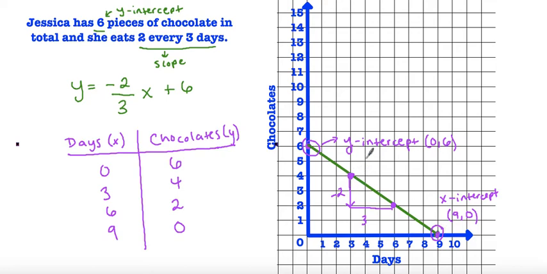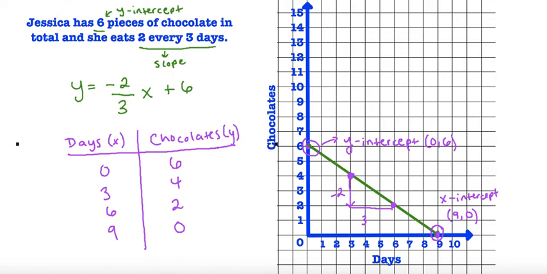So we have our y-intercept that intersects the y-axis, and our x-intercept that intersects our x-axis, and both of them mean 2 different things. So here our y-intercept represents that she started off with 6 chocolates. So at 0 days, she had 6 chocolates. And our x-intercept here means that at 9 days, she has 0 chocolates.